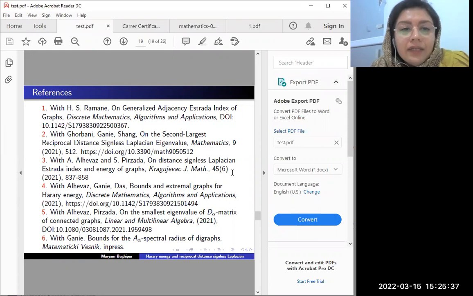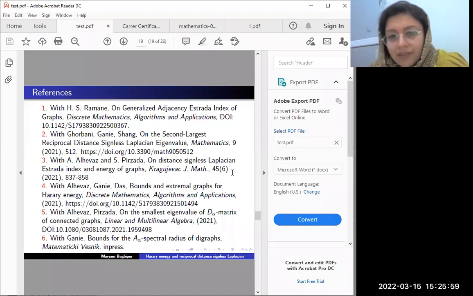In fact, I have a different idea for reciprocal transmission and reciprocal distance signless Laplacian. And most of the time, I try to connect different concepts, for example, the relationship between smallest eigenvalues. Now I'm working on this paper.